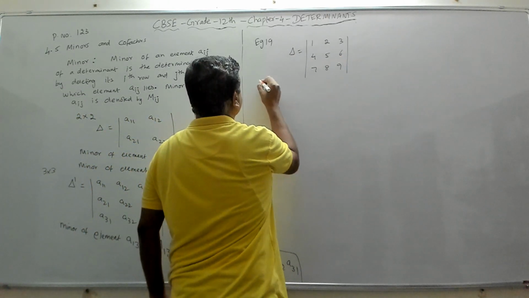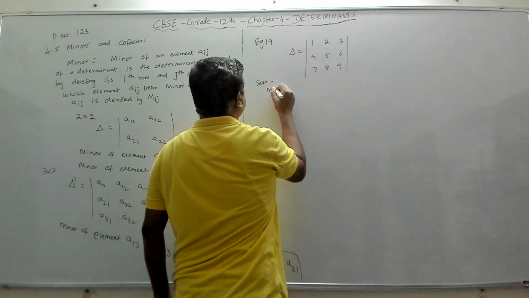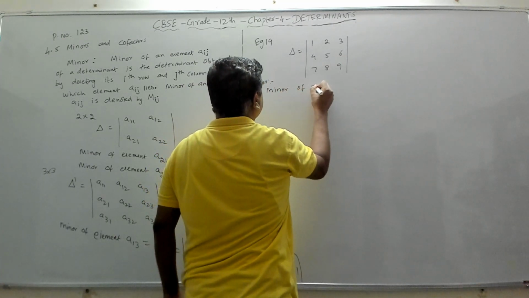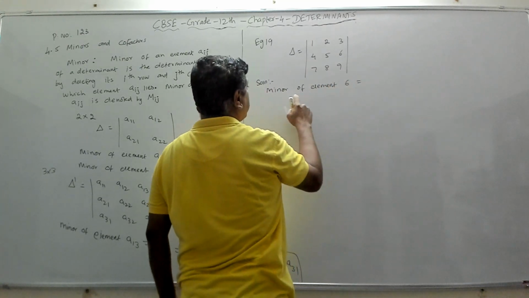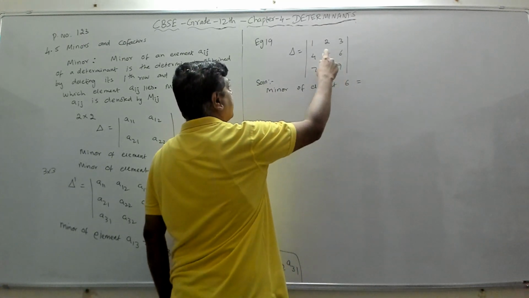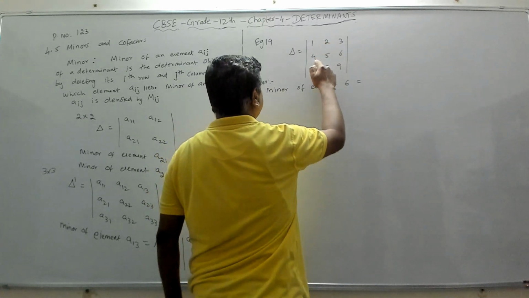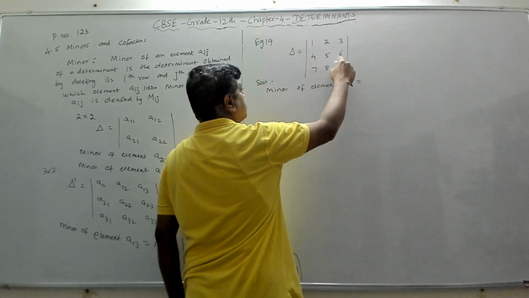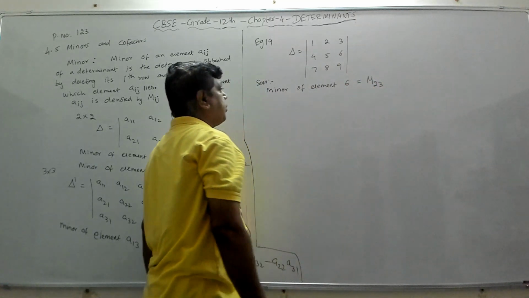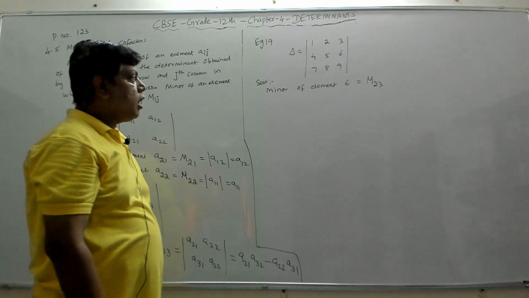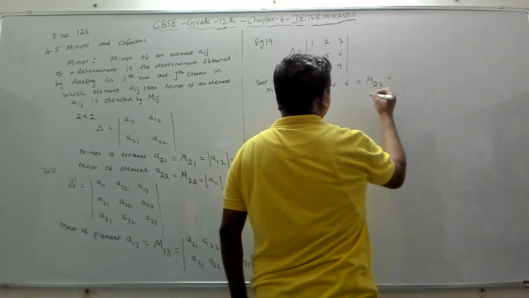Solution: the minor of element 6. In which position is it? A11, A12, A13, A21, A22, A23. This is A23, which means it is M23. How will you find the minor of this?